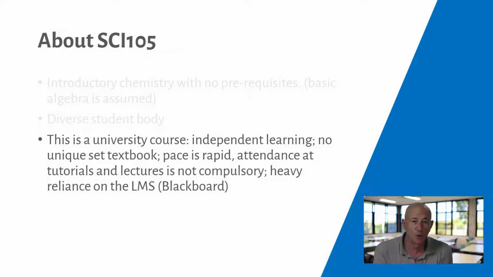There's a lot more concentration in universities on giving you the materials and understanding that you need, but then you have to do a lot of that legwork yourself, right? And so you have a level of independence that is much greater than what you would normally expect in high school.